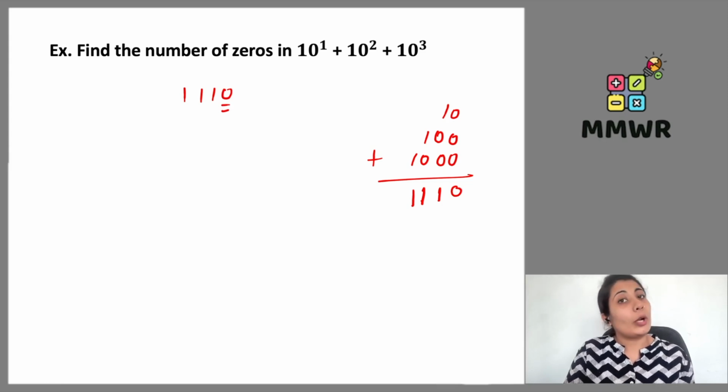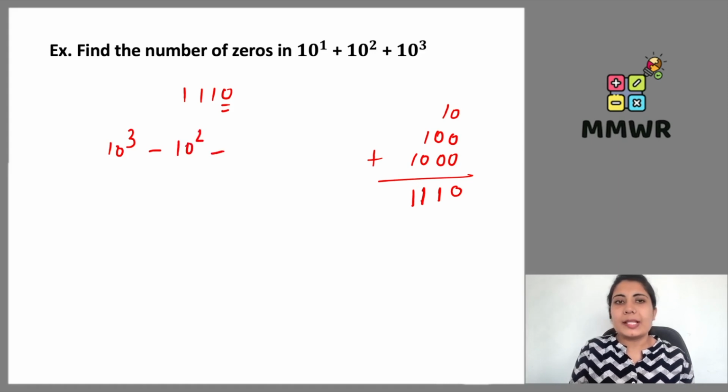So from here, what can we conclude? It can be concluded that in case of addition and subtraction, if we have the same type of problem, let's say 10 to the power 3 minus 10 square minus 10. So 10 cube means 1000, minus 10 square means 100, minus 10.